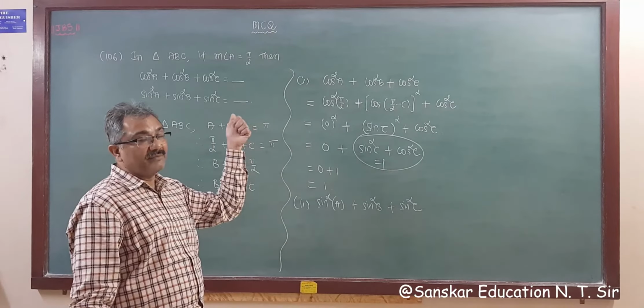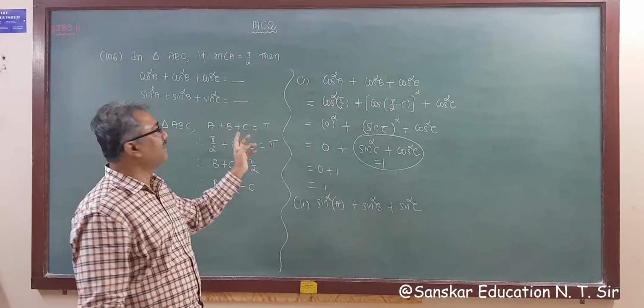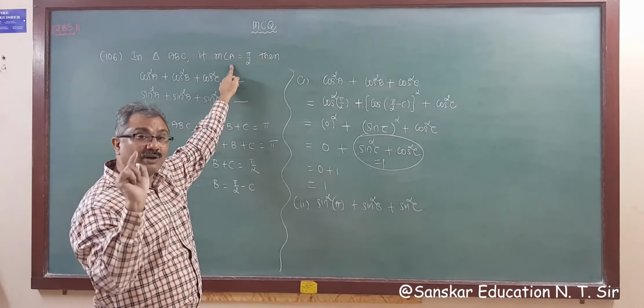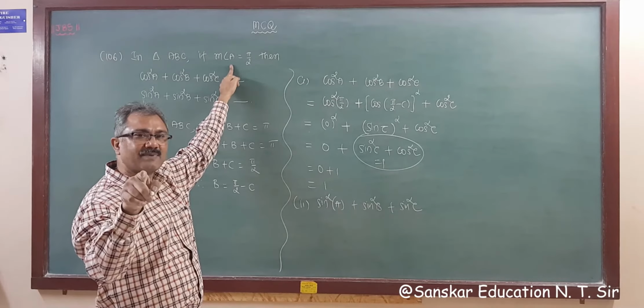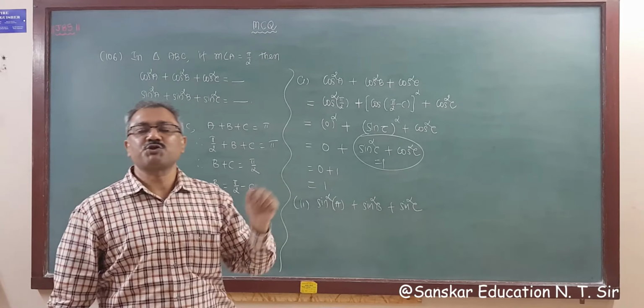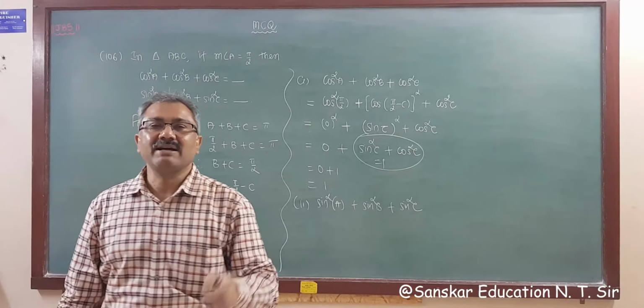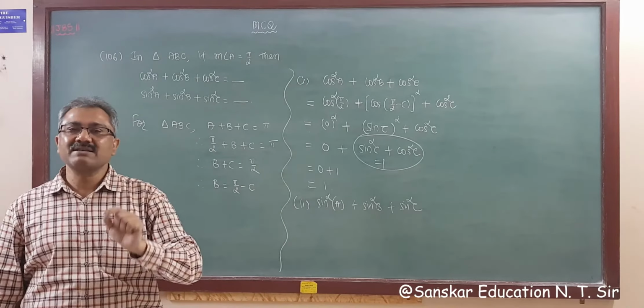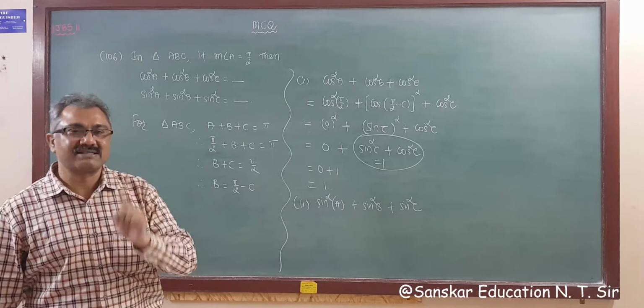So you have to remember this for a right angle triangle. If any angle is pi by 2, not only A, any one angle is pi by 2, then cos square A plus cos square B plus cos square C is 1, and sin square A plus sin square B plus sin square C is 2. Remember this statement for competitive exams, right?